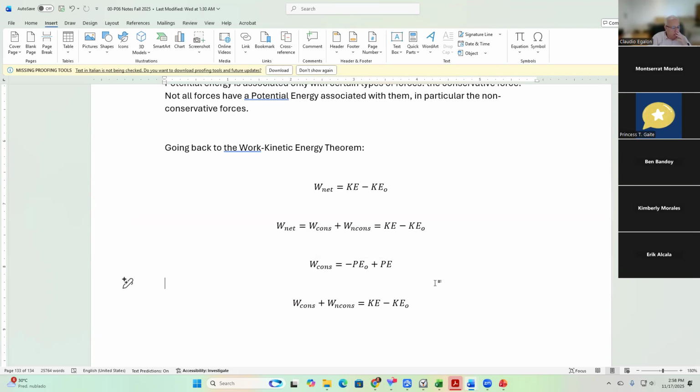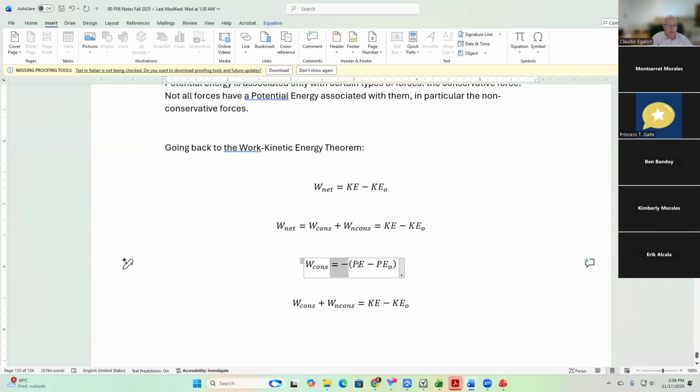Sorry, I messed that up, okay? I just changed the order, I didn't change the sign. So here you go, minus final potential energy minus initial potential energy.